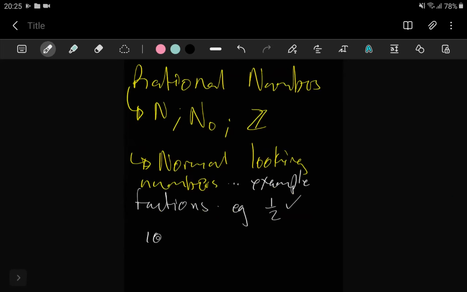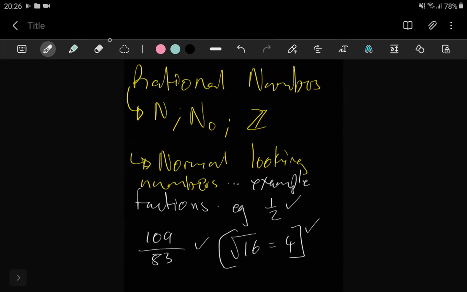If you have, let's say, 105/83, this is a rational number. It can be written in a normal way. We can think of any other random value, let's say square root of 16. The issue is 16 is a square number, so this is just a 4. So square root of 16 is 4, which is still just a rational number.